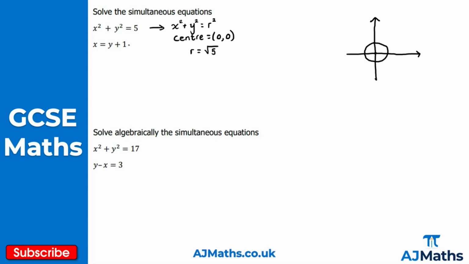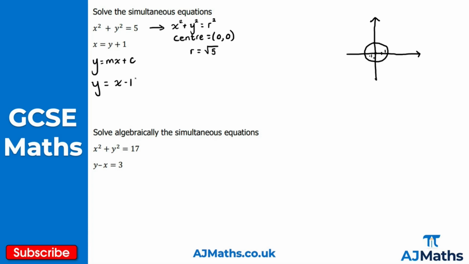And this equation here is actually just the equation of a straight line. So if we put this into the form y equals mx plus c, then at this point here we need to subtract 1 off both sides, and I get y equals x minus 1. And if I sketch this here, this is going to look something like this. So it'll cut through the y-axis at -1, and it will cut through the x-axis at +1.